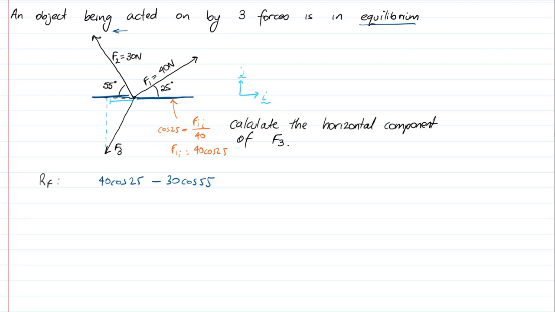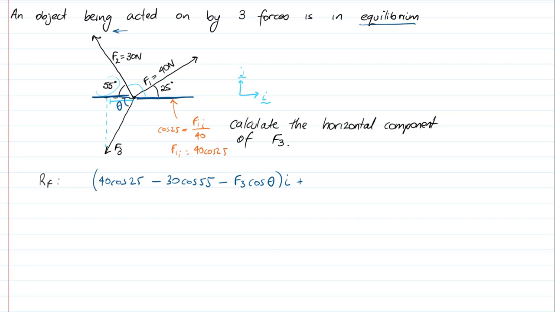And keep in mind in an earlier lesson, if we didn't have 55, if we actually used that angle, we wouldn't have to worry about the minuses. And then minus F3 cos theta. And that's theta. We don't know theta.